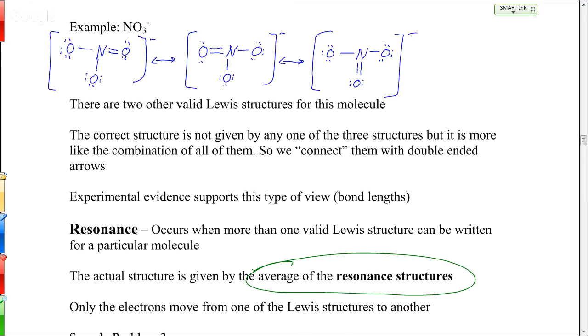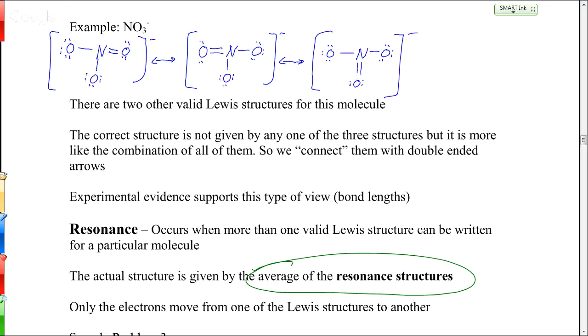If one of those structures were the actual structure, or if it were switching back and forth, we would expect to see one double bond and two single bonds, right? But if you actually measure this, what you find is 3 equivalent bonds. All 3 of those NO bonds in nitrate are the same length, and they're about 1 1/3 of a bond. So that's what it means by an average of those 3 structures. If you average that out, instead of a double bond and 2 single bonds, the average is 3 bonds of 1 1/3, whatever that means.